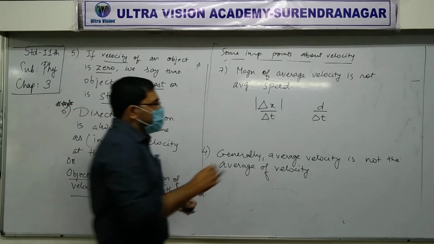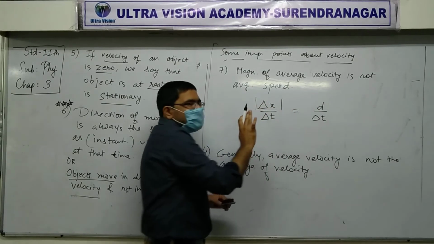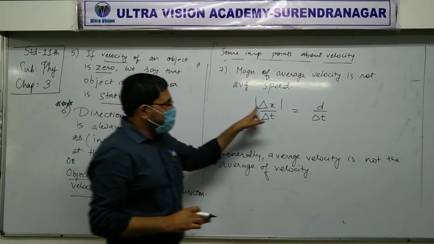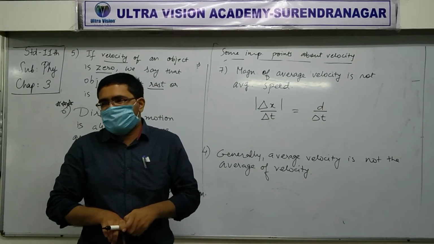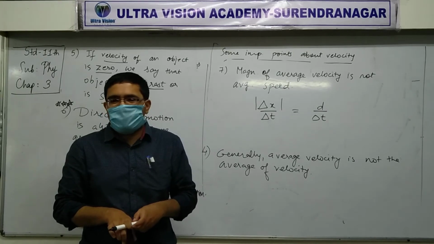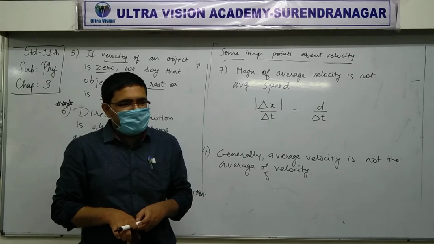Obviously, they can be equal only in one case. If these are equal, then modulus delta x will be equal to d. Yes or no? Do you remember when that happens? When does modulus delta x equal d? When there is no change in direction of motion. Do you remember? It was one of the points that we have written earlier.